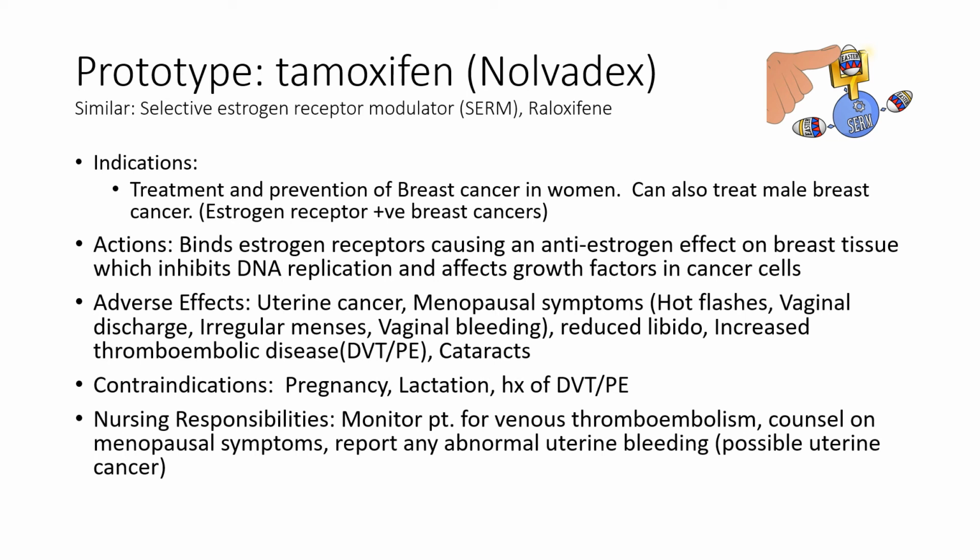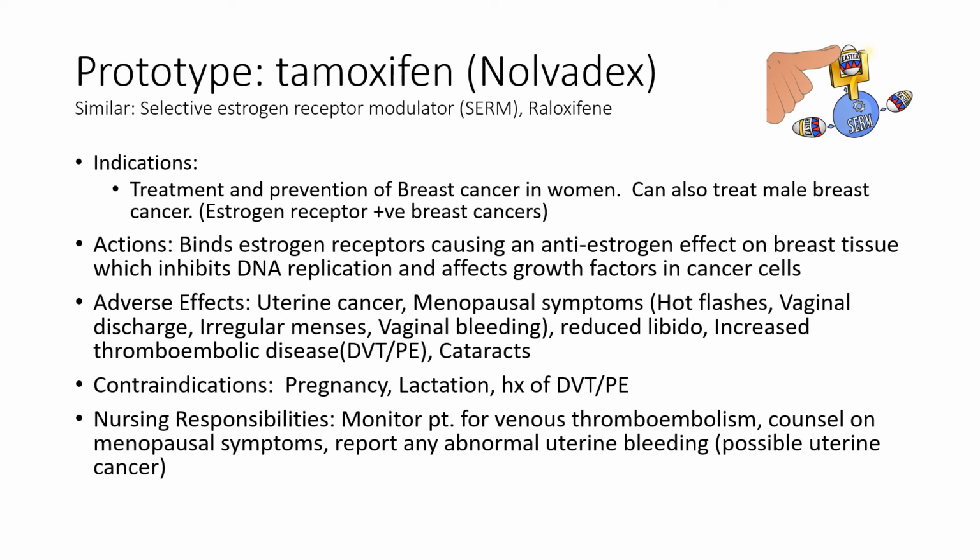In the uterus, it stimulates that particular estrogen receptor, so it causes the cells to divide rapidly in the uterus. So we always have to think that there's a potential to produce uterine cancer because you're stimulating the uterine tissue with tamoxifen.